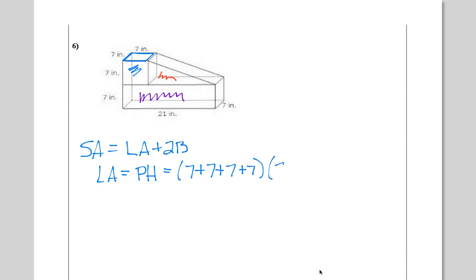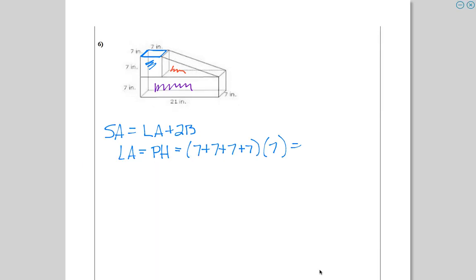And then the height, it's a cube, so it's another 7. So that's 28 times 7, which is 196.